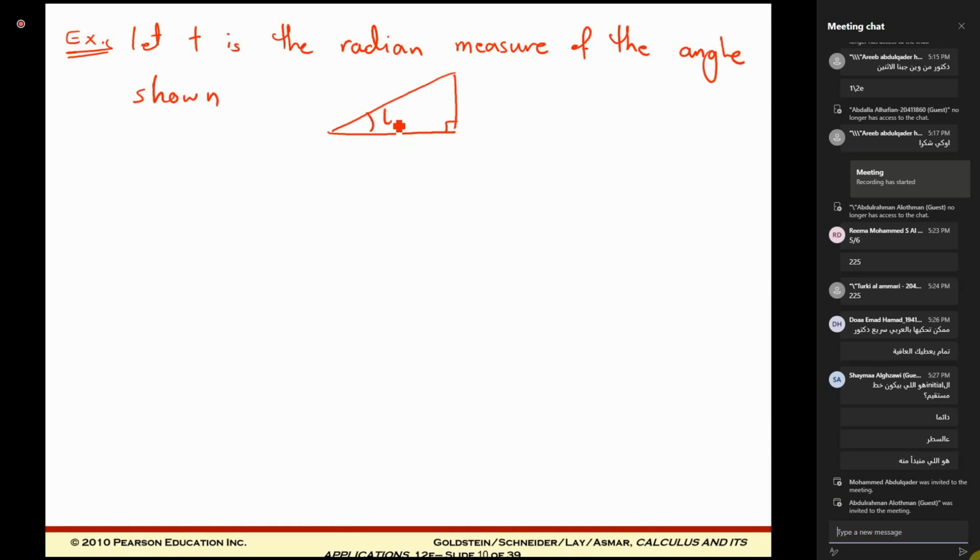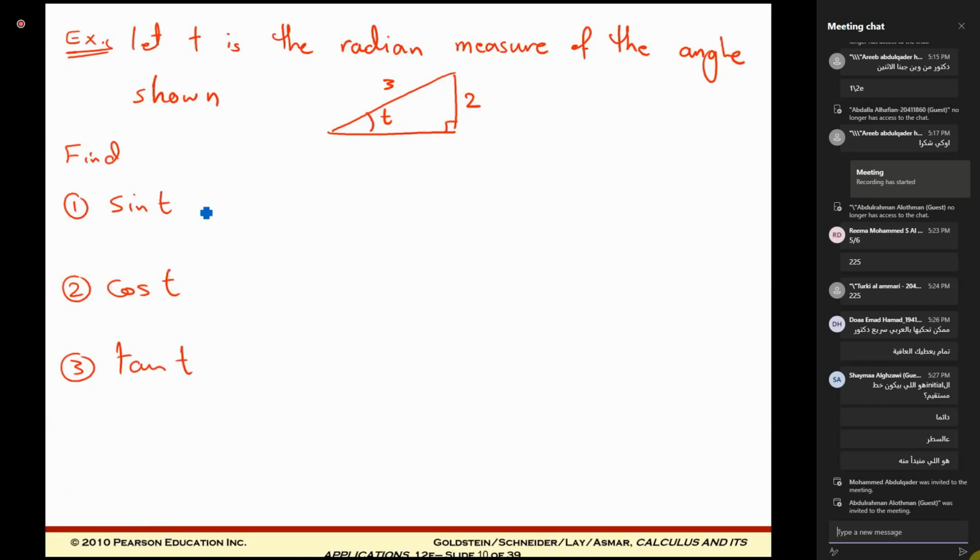This is t, and the value of the hypotenuse is 3, the opposite of t equals 2. So we need to find number 1, sine of t, number 2, cosine of t, number 3, tan of t.